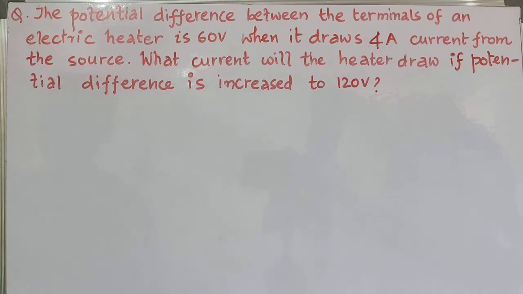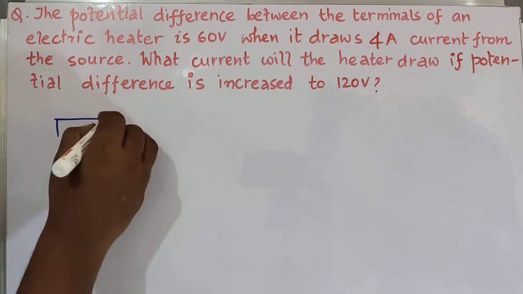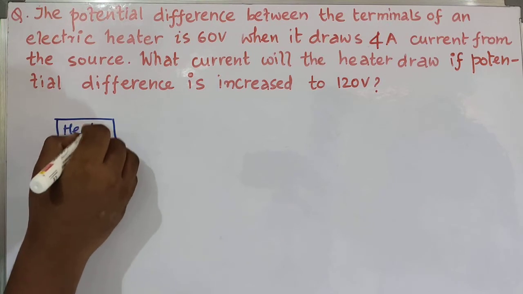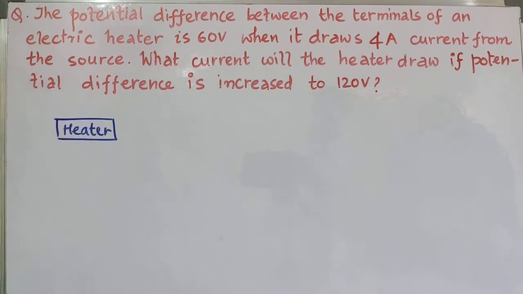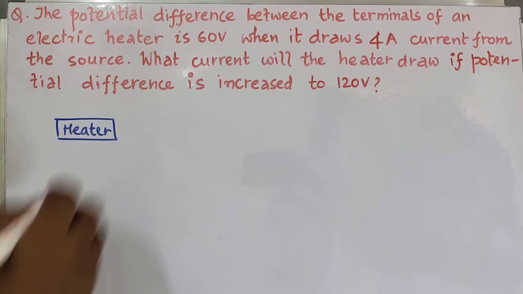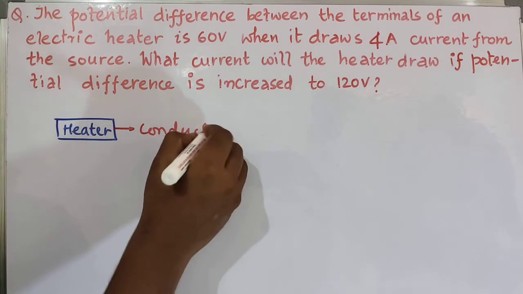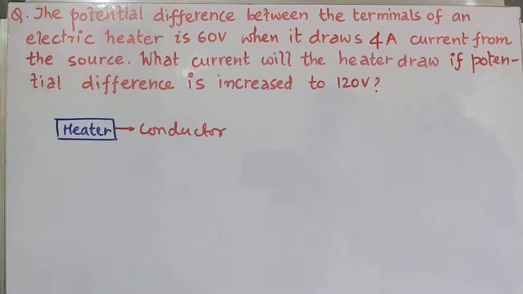Let us talk about the heater first. So the heater is here. When we buy a heater from the market, the heater is definitely going to have a conductor through which the current will flow.